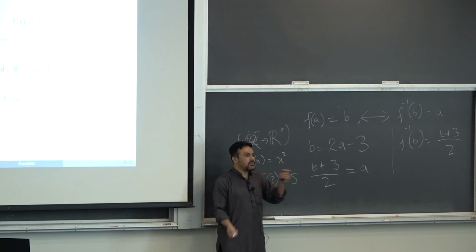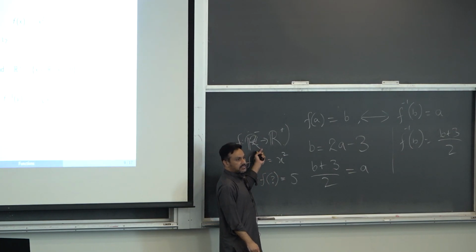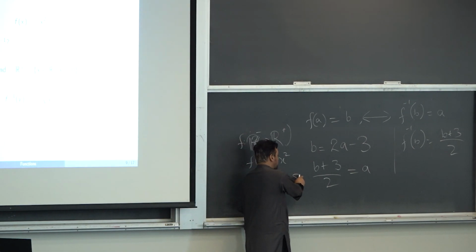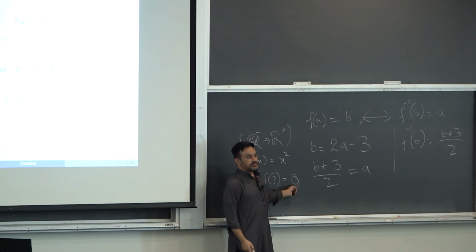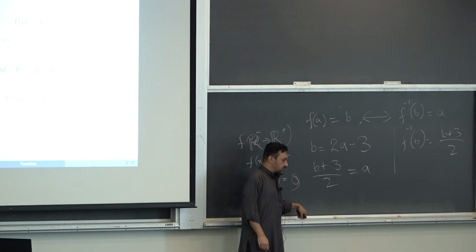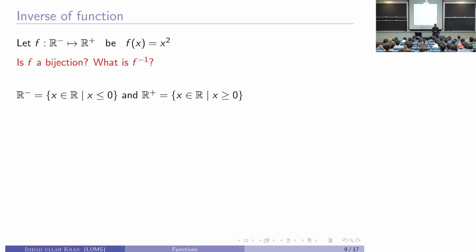Not 2.5, the negative square root of 5, right? The negative square root of 5 maps to this. What maps to 4? What maps to 9? Negative 3, right? What maps to 16? Negative 4, right? So when it's R to R, then everybody has a pre-image. What's the pre-image of 14.37?